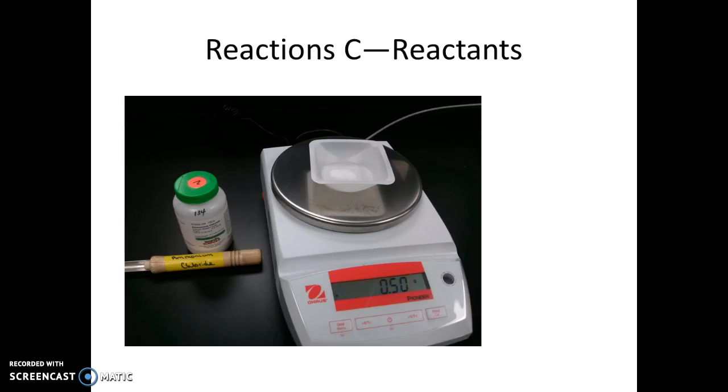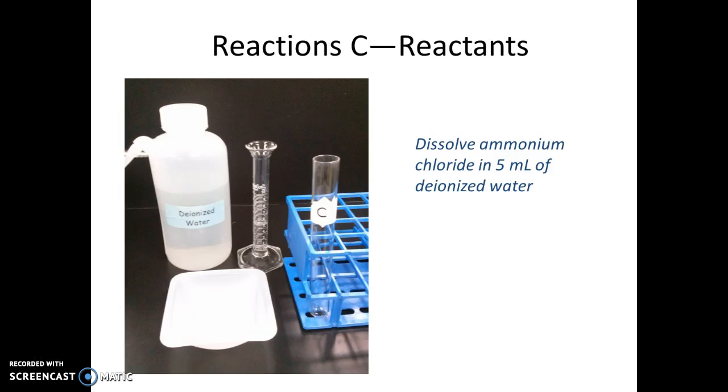The next reaction that you're going to be doing, reaction C, you need to weigh out ammonium chloride. And ammonium chloride is a solid, so you'll find a labeled bottle by the balances and a scoop to go along with it. You want about 0.5 grams of the ammonium chloride, and you can weigh that into a plastic weigh boat. You want to dissolve the ammonium chloride in deionized water.